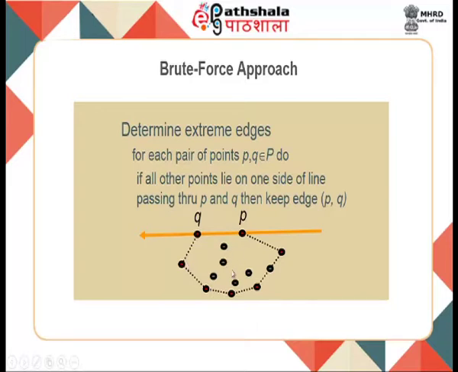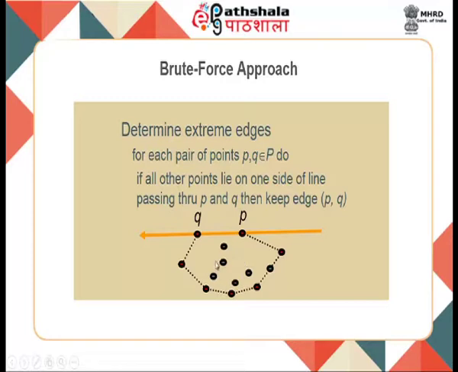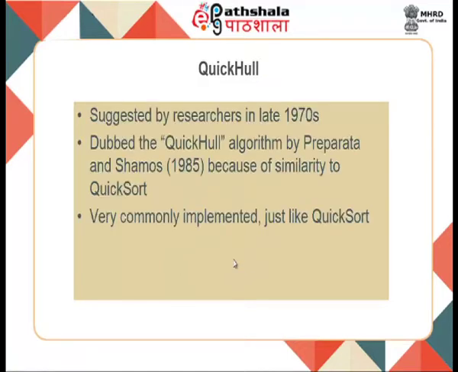These points are called the extremal points, because these form the vertices of the convex hull. These other points are called the interior points. These points are not important because they in no way help in the construction of the convex hull and can be eliminated.